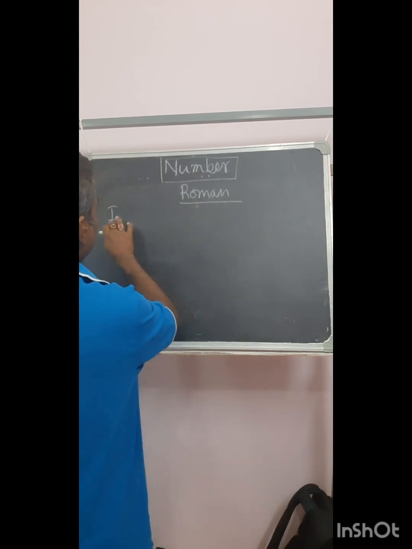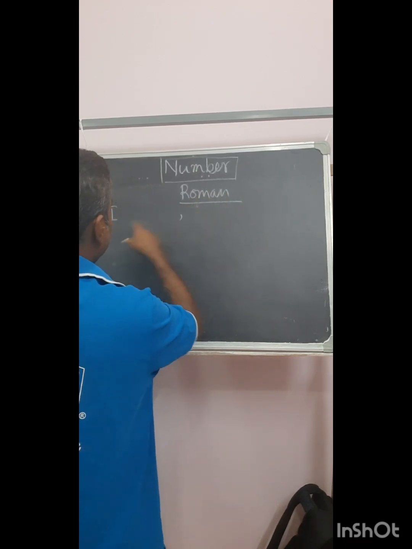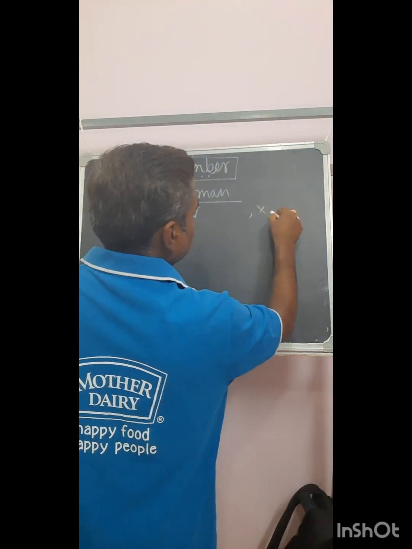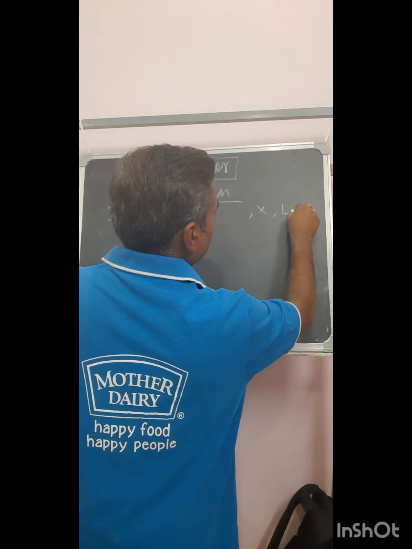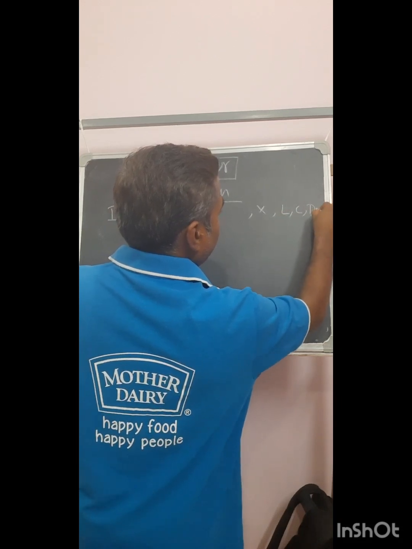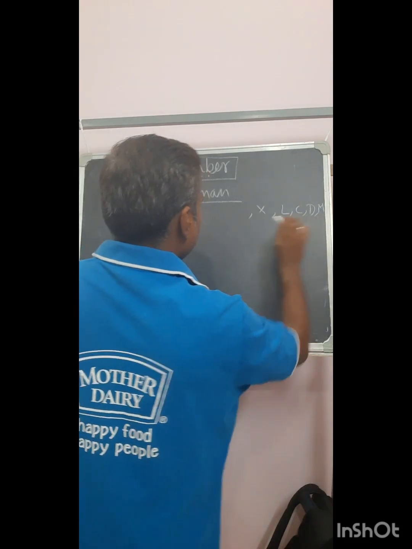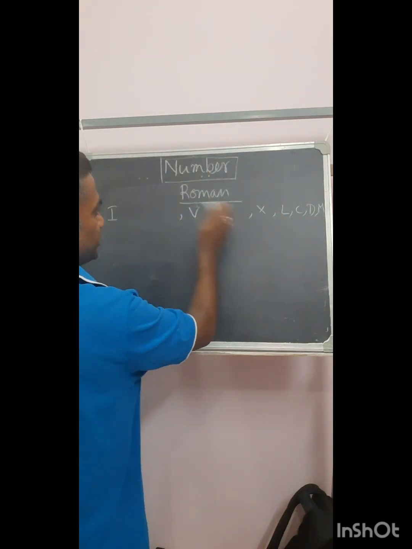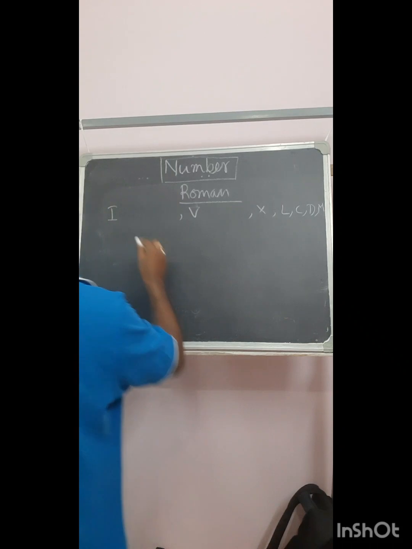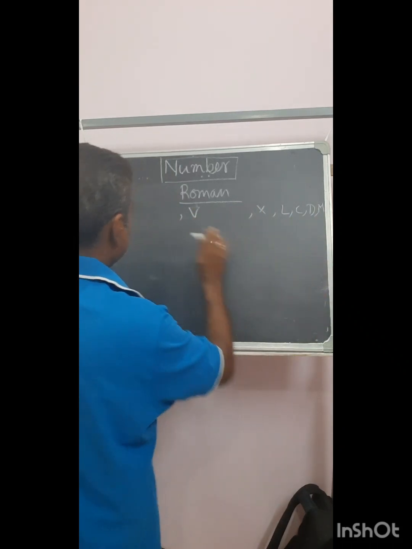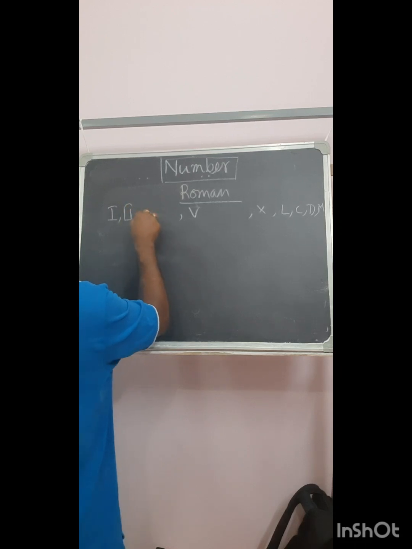The distinct symbols are I, V, X, then L, C, D and M. By using or repeating these symbols, they represent other numbers.